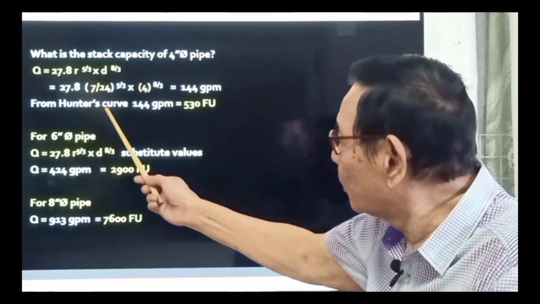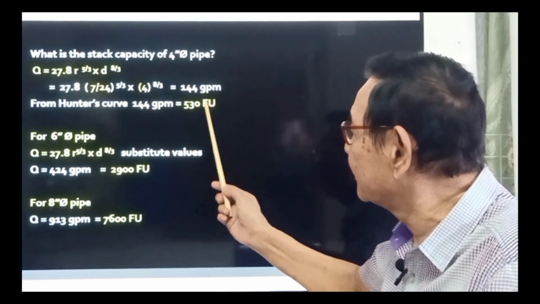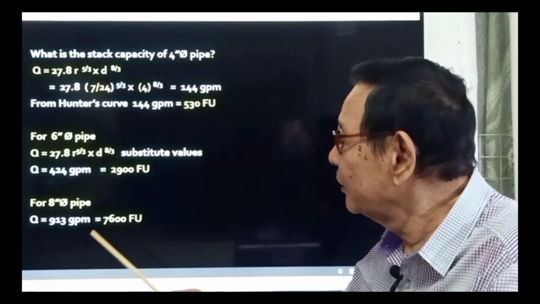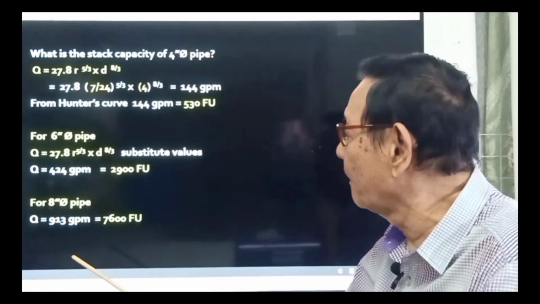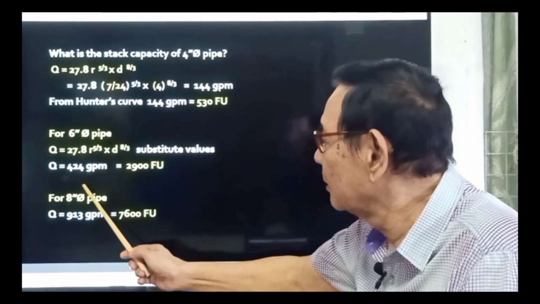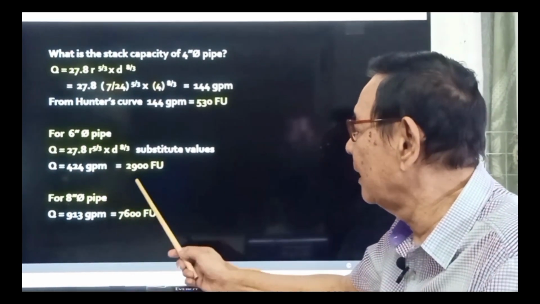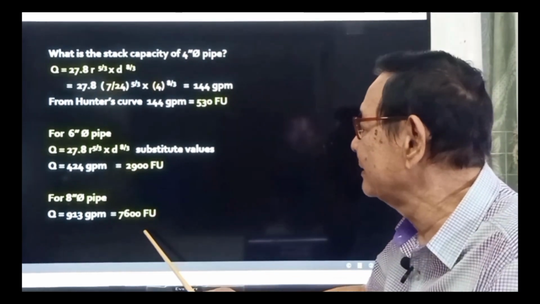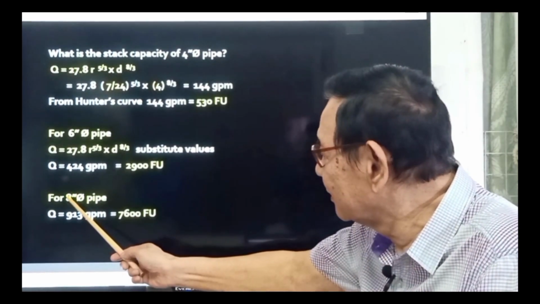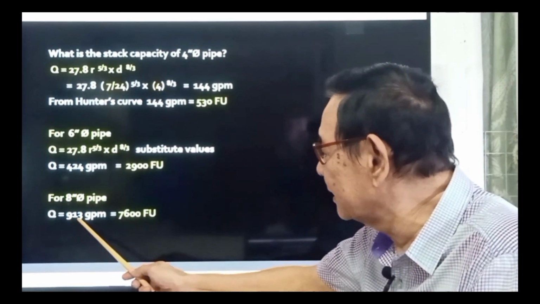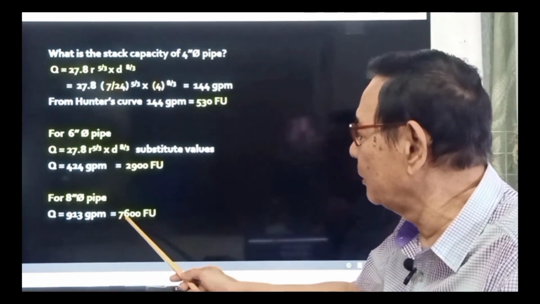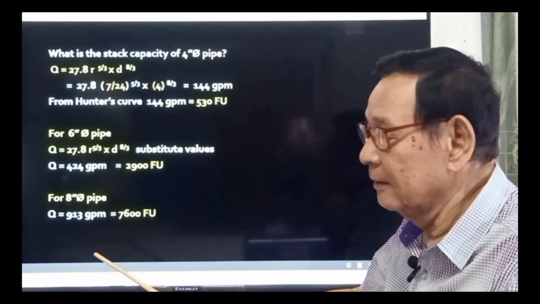From Hunter's curve, 144 GPM is 530 fixture units. The same thing for a 6 inches pipe. We substitute values in this equation. We have 424 GPM and we have 2,900 fixture units. For an 8 inches pipe, we have 913 GPM. Q here is 913 GPM, which is equivalent to 7,600 fixture units.